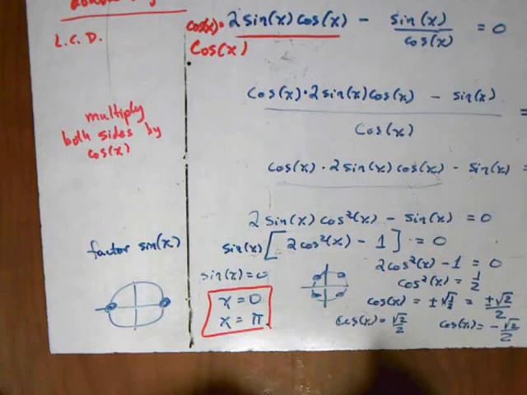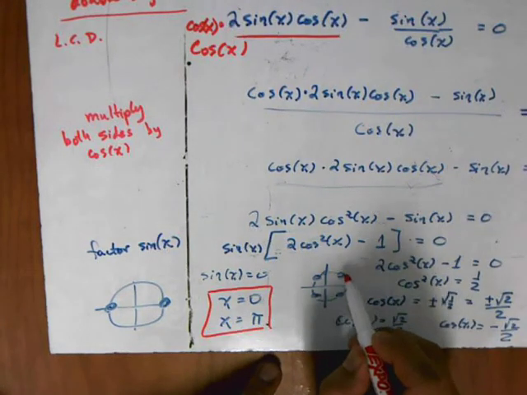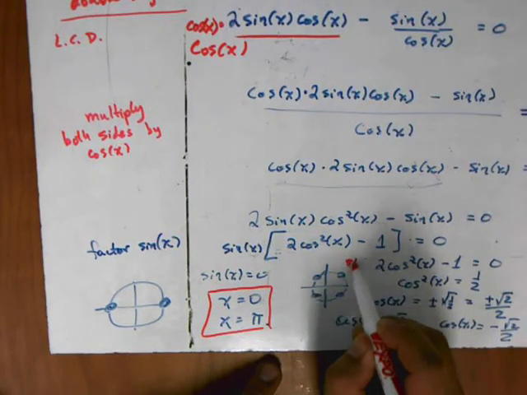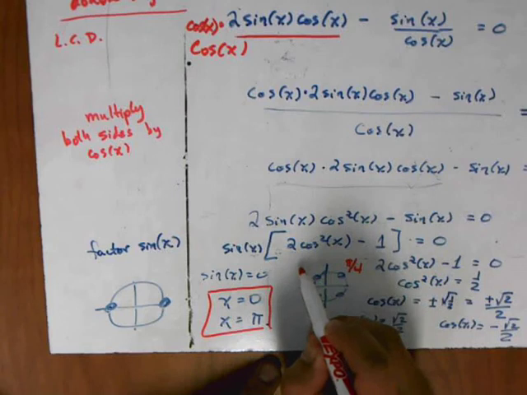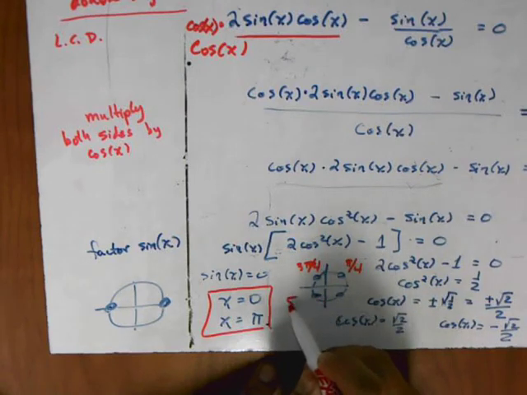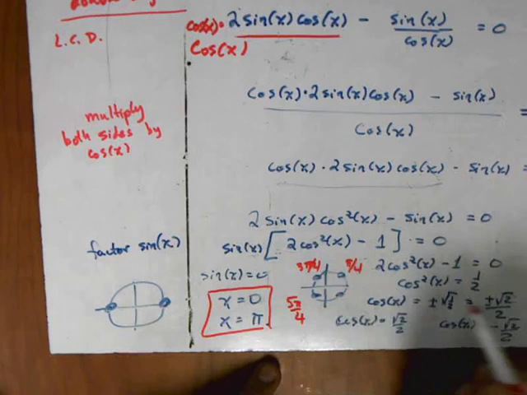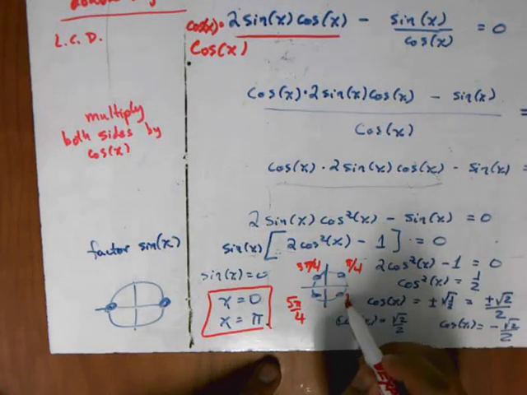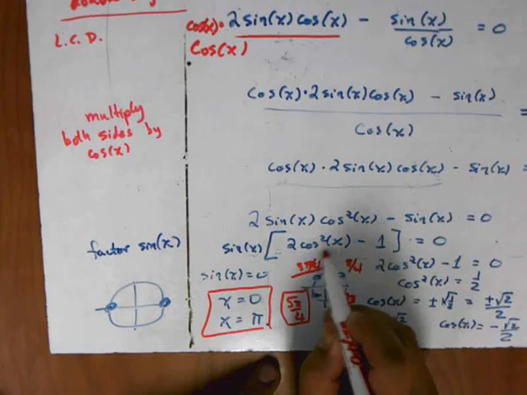This is one set of answers. This point here is pi over 4. This point here is 3 pi over 4. This one right here is 5 pi over 4. And this one down here is 7 pi over 4. And those are going to be all of my answers.